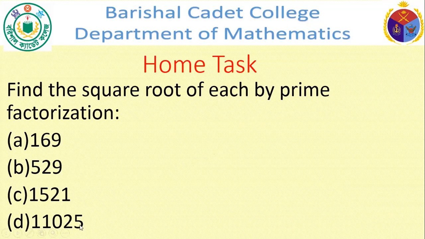Number A: 169, number B: 529, number C: 1521, number D: 11,025. So I think you will do it at home.